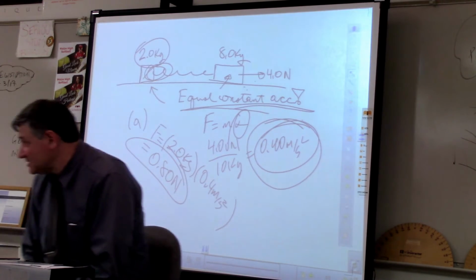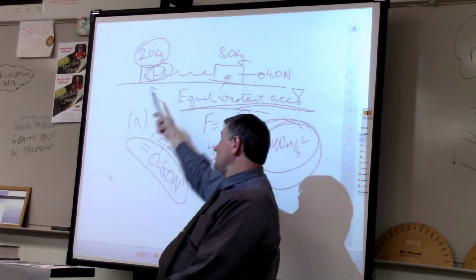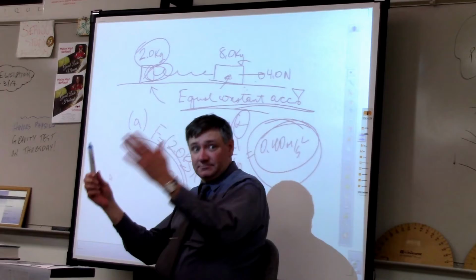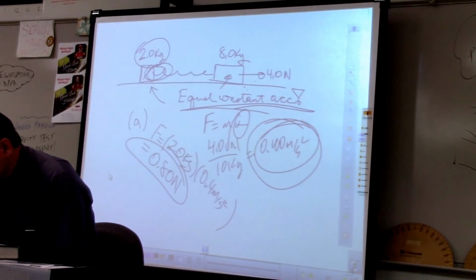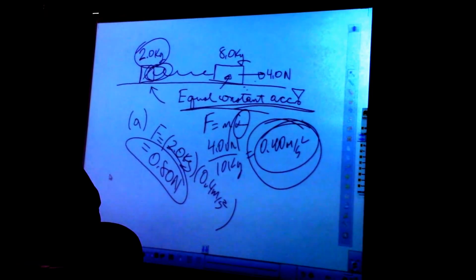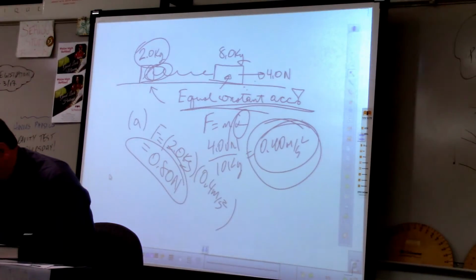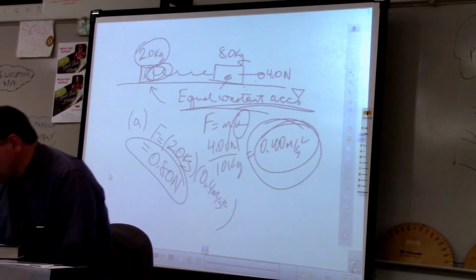And the beauty of it is because they are both undergoing the same acceleration, okay? Now, then calculate the extension of the spring, right? Well, you've got a spring constant of, what is it, 80.